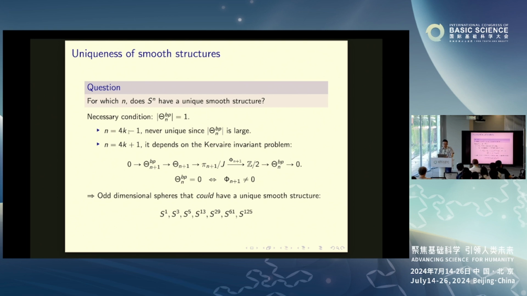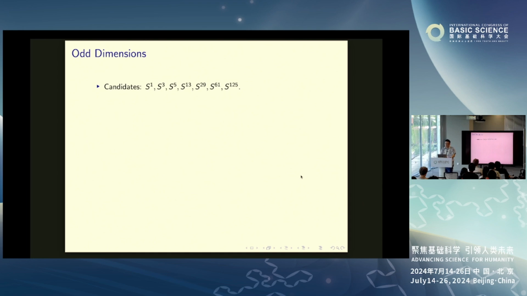Combining 4k minus 1 and 4k plus 1, these are all the odd dimensions. So the odd-dimensional spheres that could have a unique smooth structure are precisely those of dimension 3 less than a power of 2, namely 1, 3, 5, 13, 29, 61, and 125. These are the candidates for all dimensions that could have a unique smooth structure.